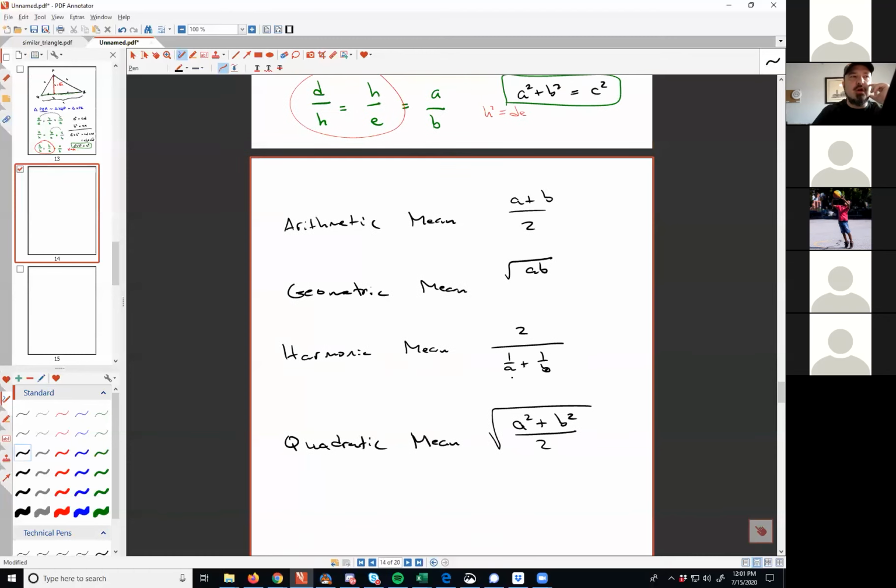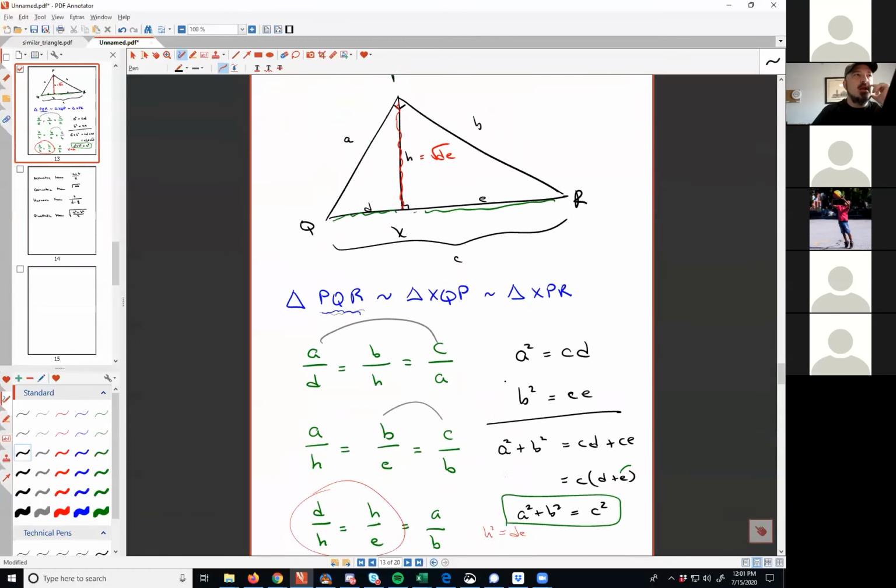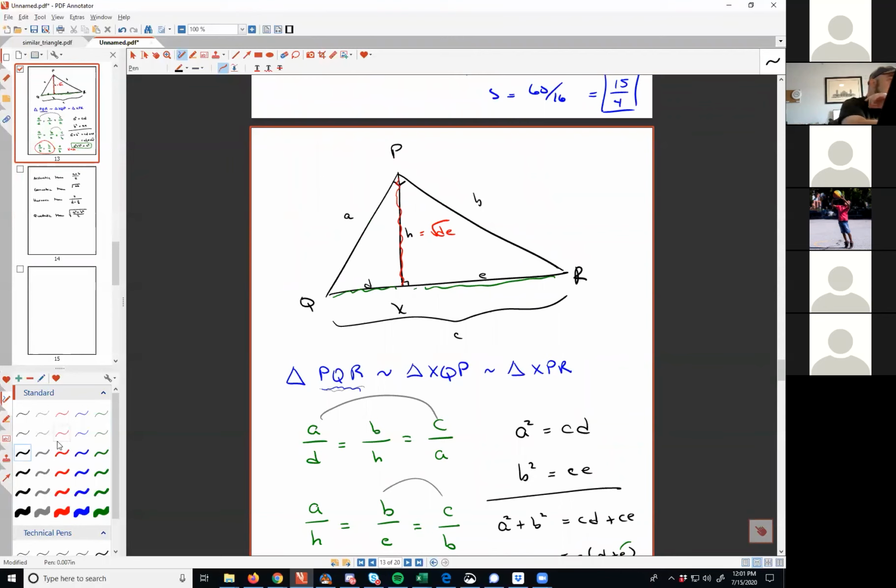This might be a longer conversation, maybe worth looking up, but going back to this diagram up here, in red, we have a geometric mean. It turns out, and I won't explain this completely right now, we'll talk about it maybe in a future class, that if we identify the midpoint of that hypotenuse, PM, QM, and RM all have the same length.